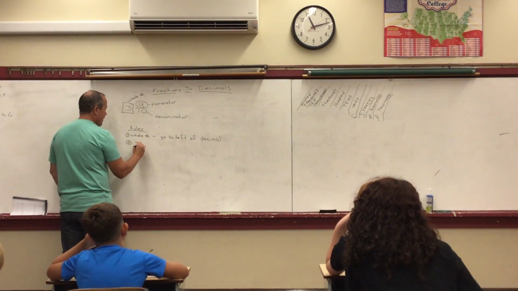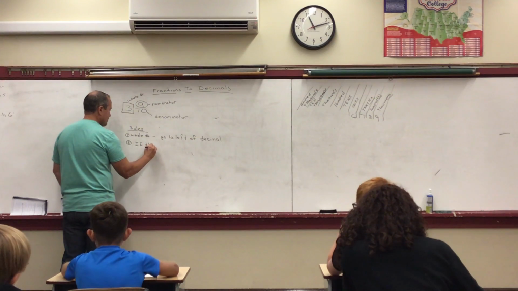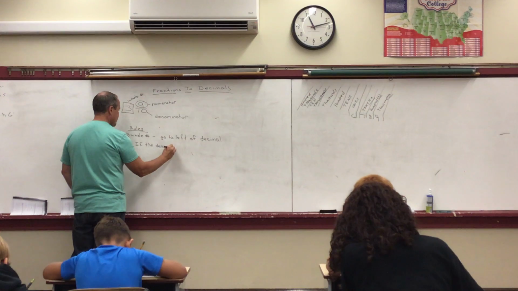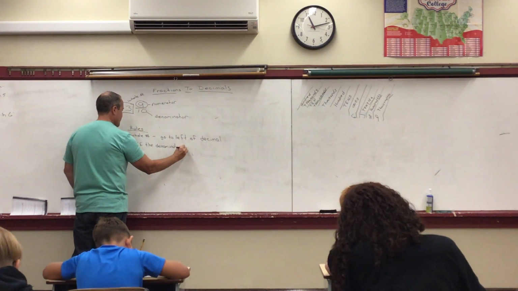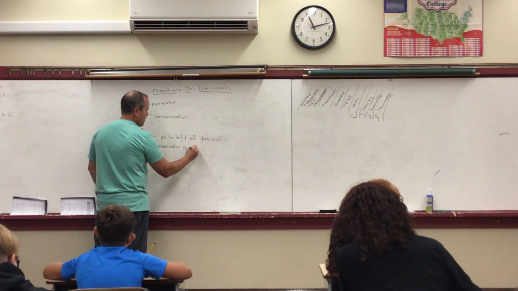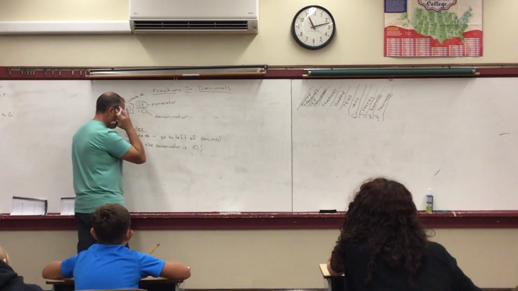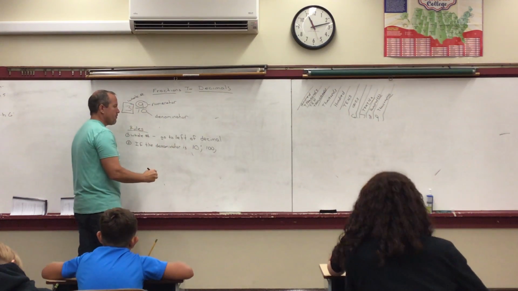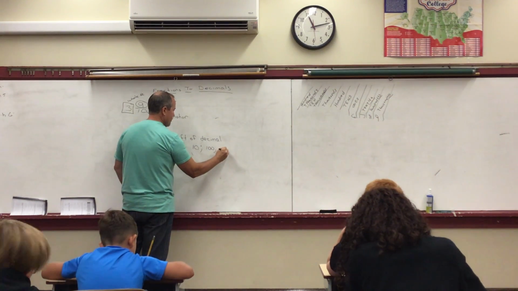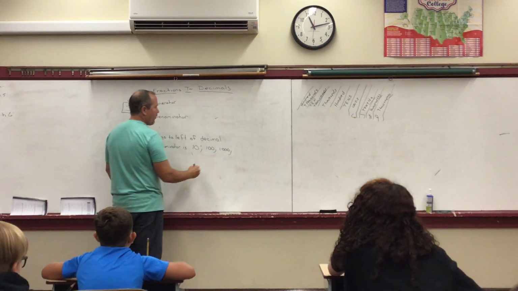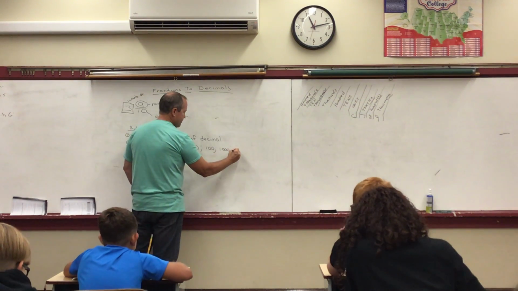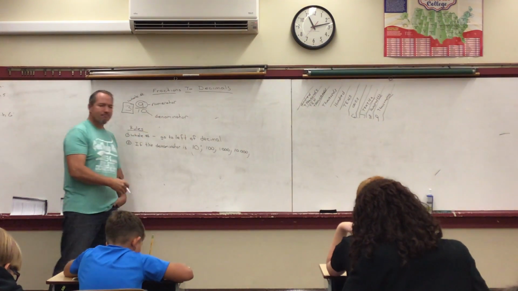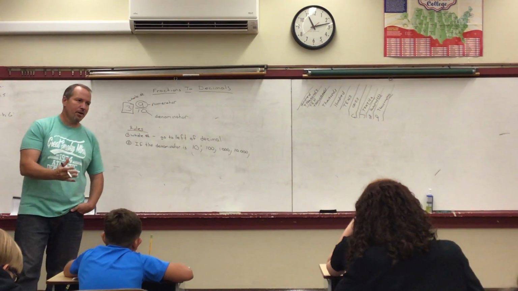If the denominator is 10, 100, 1,000, 10,000, 100,000, millions.